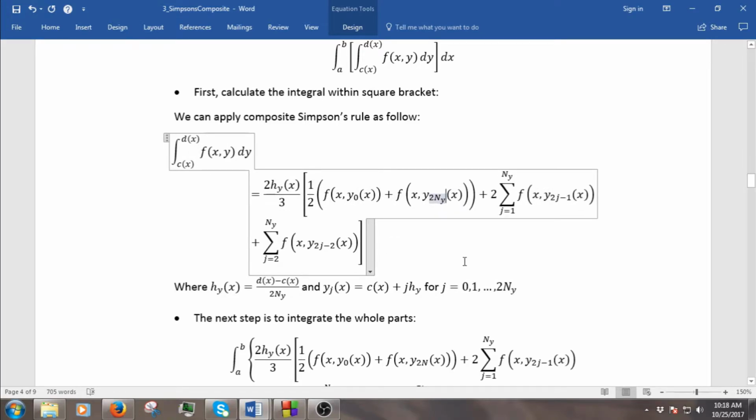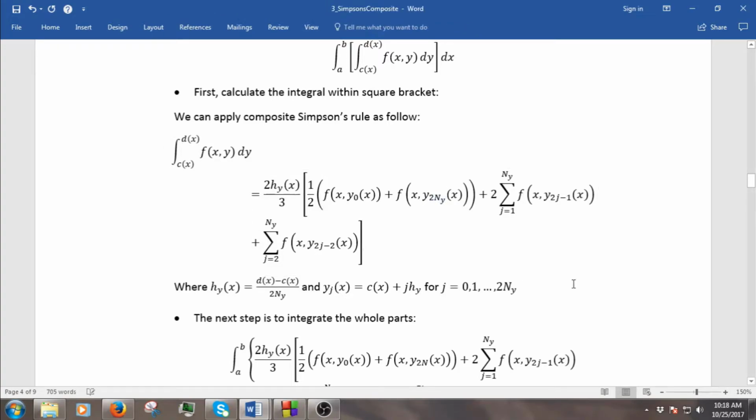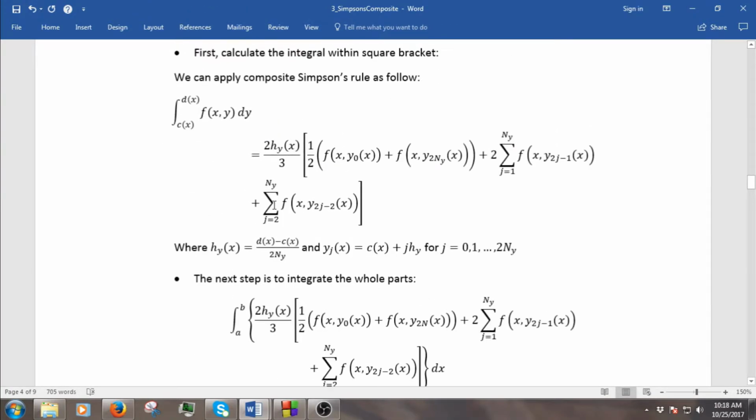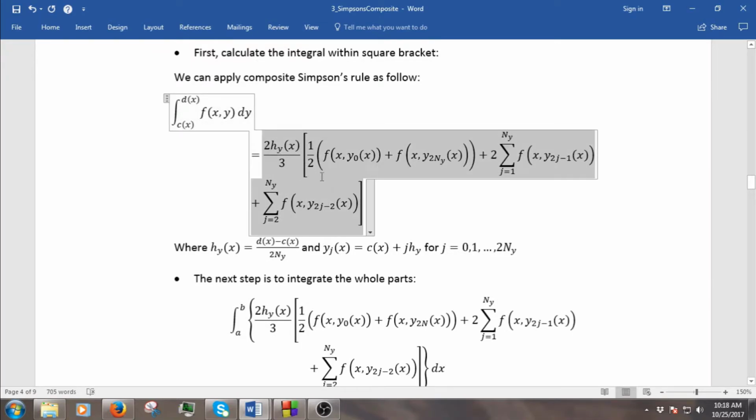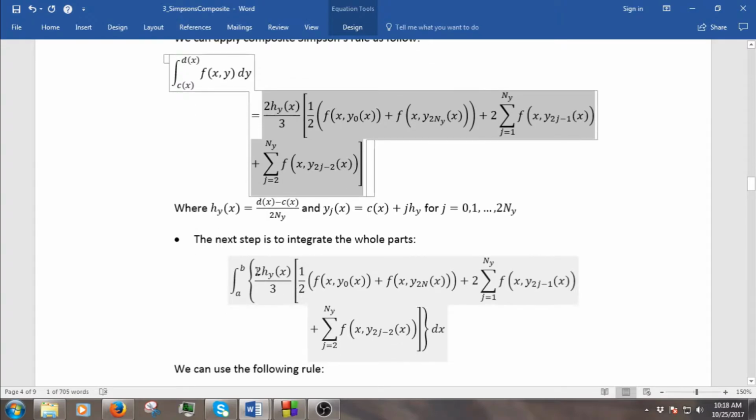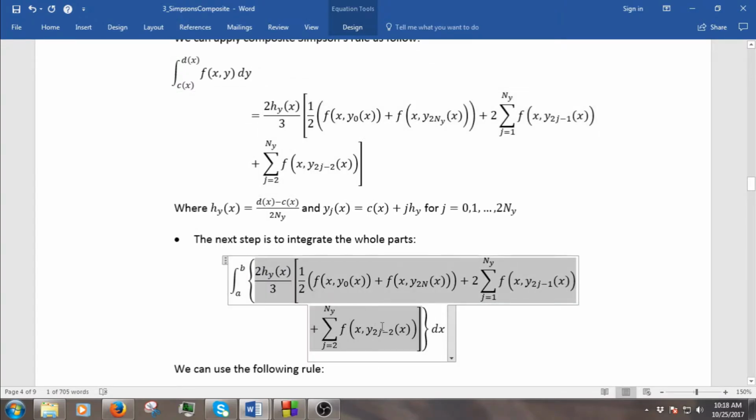Okay, so after we have done with this, go to the next, which is the integral of the whole terms here. As you can see, the integrals of the whole parts, we have a lot of terms actually, and we have the multiplication of the function here.